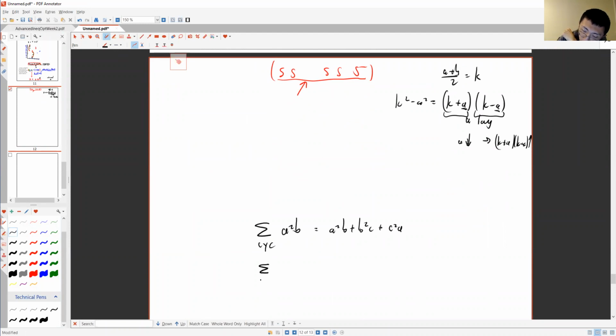If you write symmetric, it means you do it over all n times n. So symmetric would be like, if there's 3 variables implied, it would mean a squared b plus a. Oh, sorry. Let me think. Yeah, I think it means this.